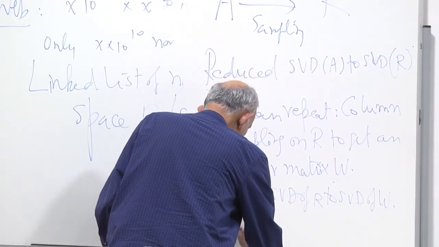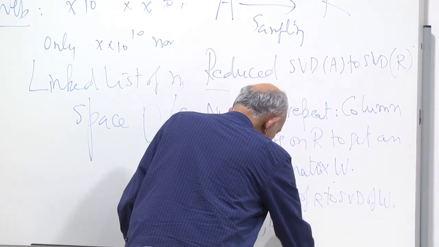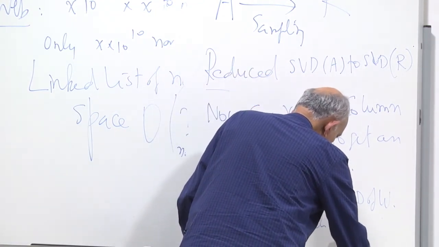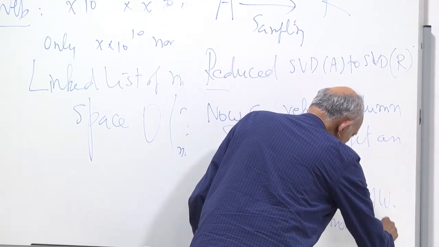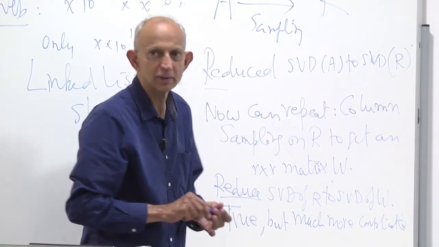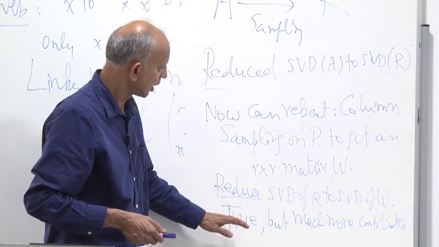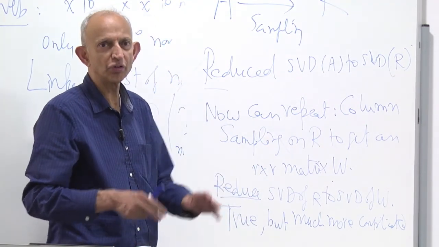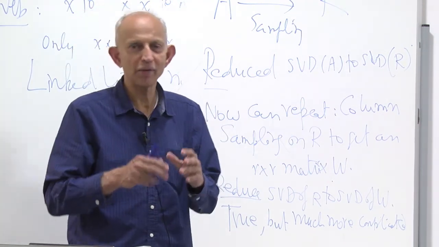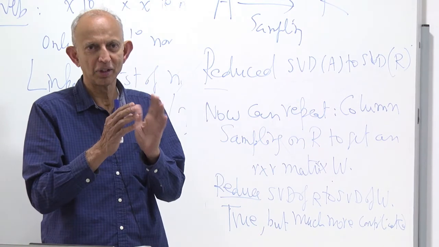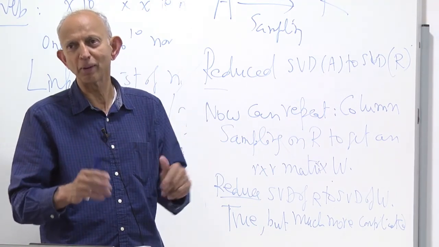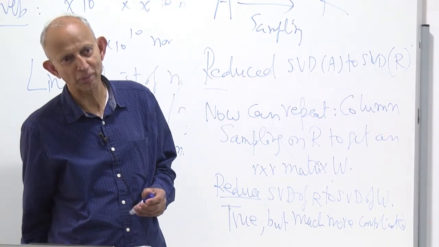So this is true but complicated, actually much more complicated, so it's not simple at all. But the moral of the story is, by doing the sampling twice, you finally were left with a constant size matrix, both rows and columns, constant number. And that's all that you need to worry about, in some sense.